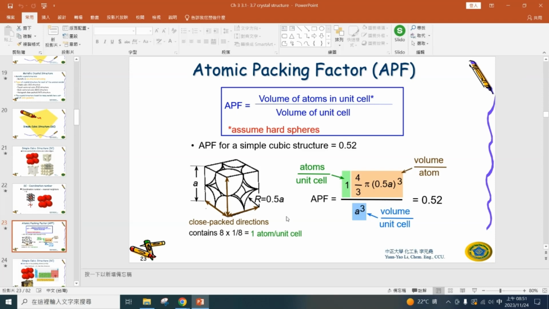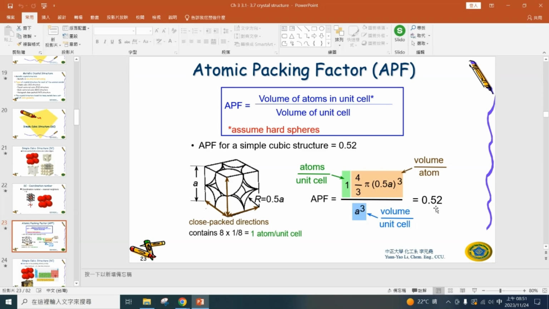Okay, for the case of the simple cubic structure, the atomic packing factor, we also use APF for short, is 0.52. That means what? That means there are almost 50% occupied by atoms in a unit cell, which is not big.